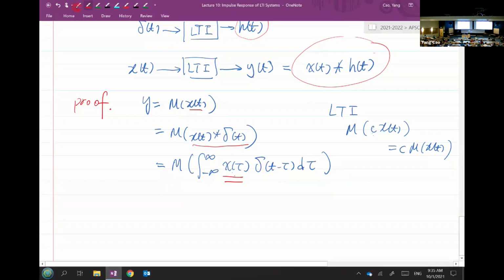Then for this particular integral, I can move the operator inside, so x of tau, then the operator applied to delta of t minus tau, d tau. So that's c here, I consider this basically the constant now. From this step to this step, you use the linearity property.